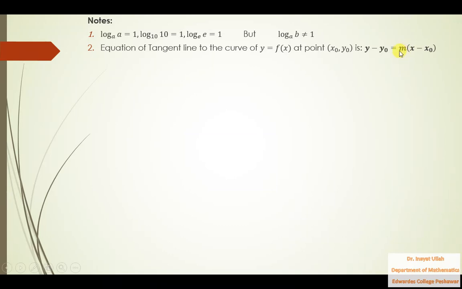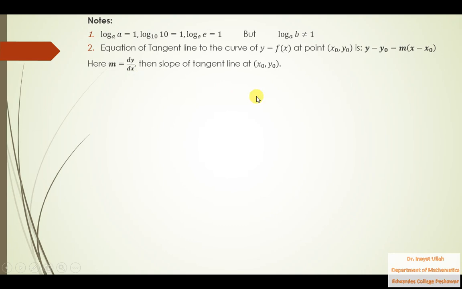m is the slope of tangent line actually, and m is the derivative of the given function with respect to x. The derivative of the function with respect to x, that is actually the slope of tangent line.